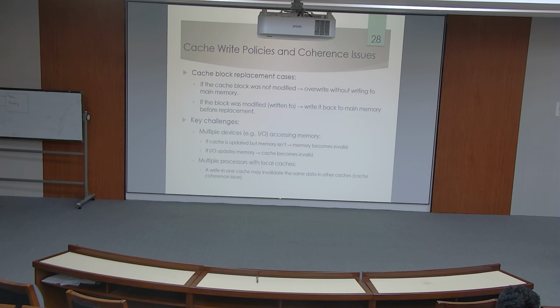This is core number 1, and this core 1 has cache memory, let's say level 1 cache, and we have core number 2, and it has its own level 1 cache. Then we have core number 3, which has its own level 1 cache.